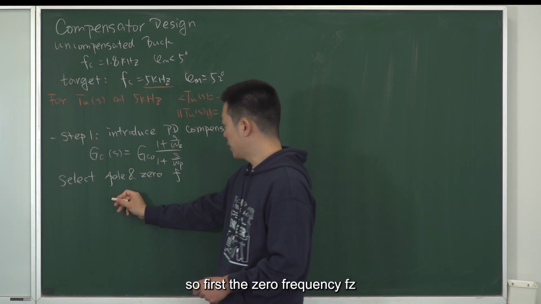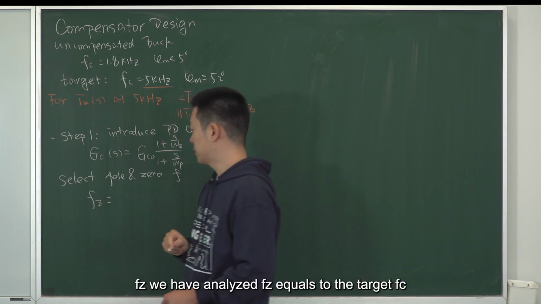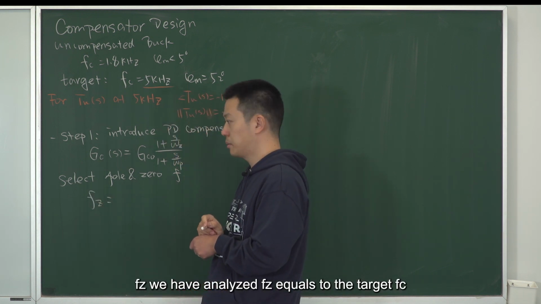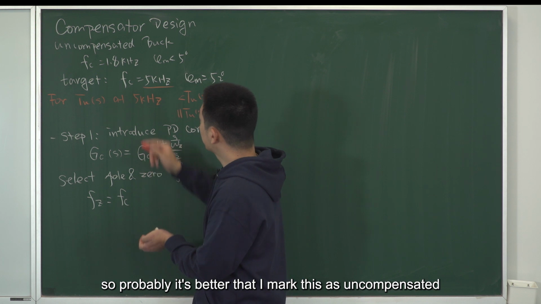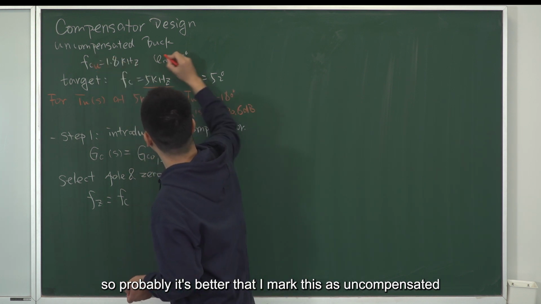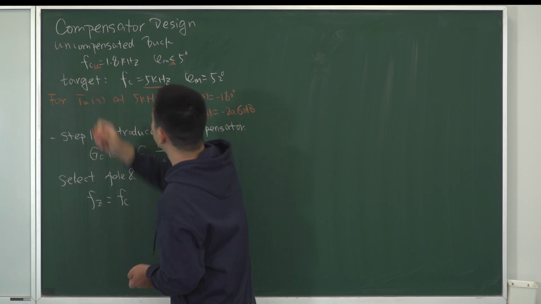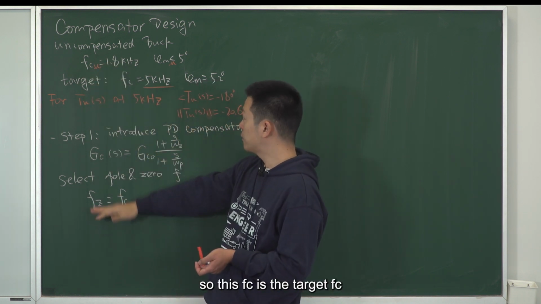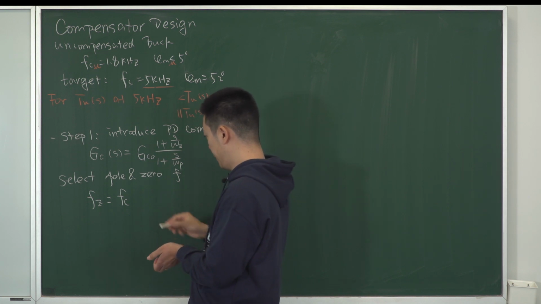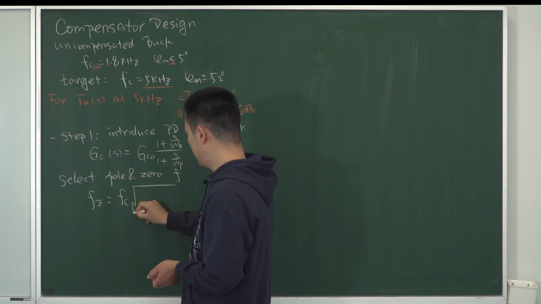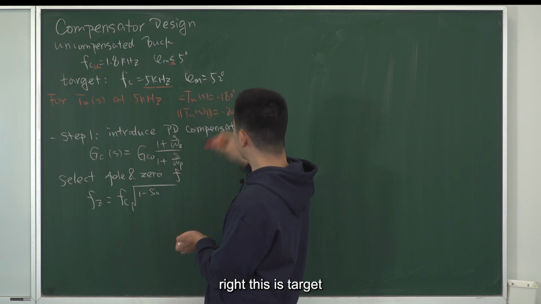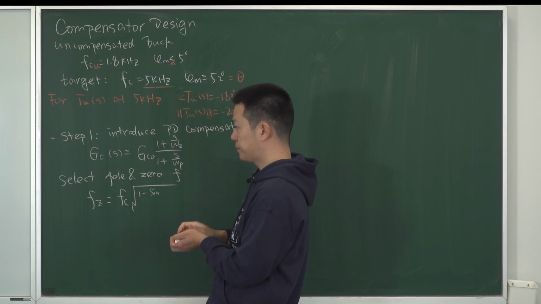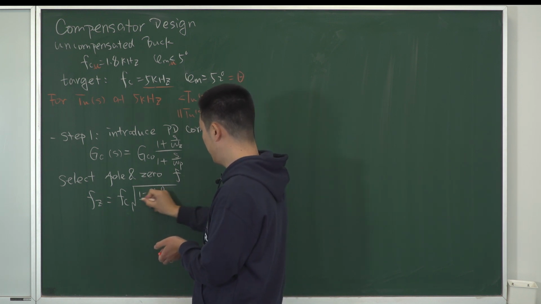First, the zero frequency FZ. We have analyzed that FZ equals the target FC, and I'll mark the other one as uncompensated so you won't be confused, times the square root of 1 minus sine of the target theta over 1 plus sine theta.